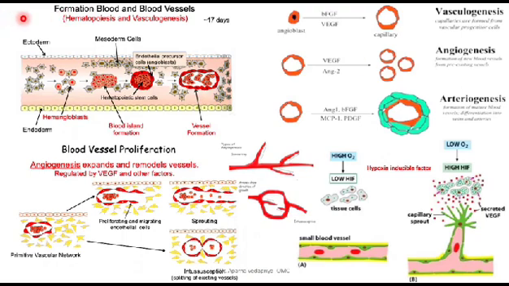We have already covered vasculogenesis and angiogenesis in the general embryology of the cardiovascular system. In vasculogenesis, the mesenchymal cells in the splanchnopleuric layer of the intraembryonic mesoderm or the extraembryonic mesoderm get stimulated and are transformed into hemangioblasts by VEGF, that is vascular endothelial growth factor.